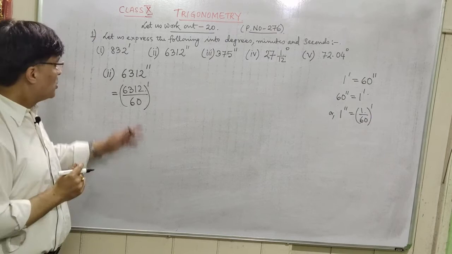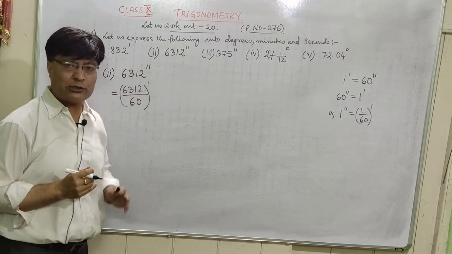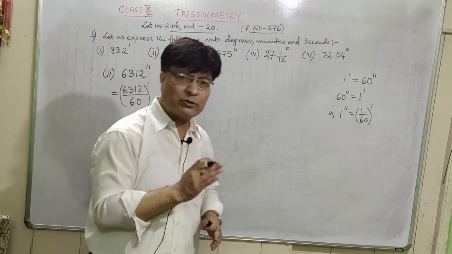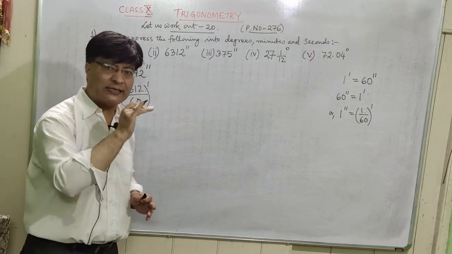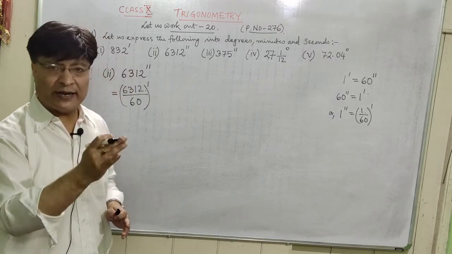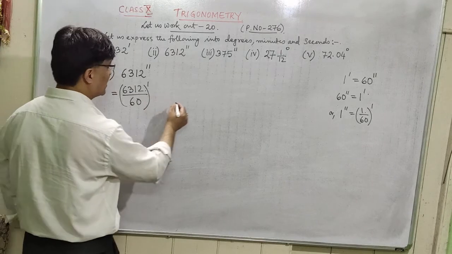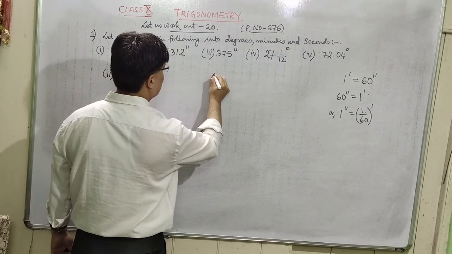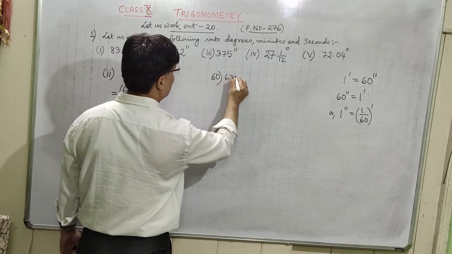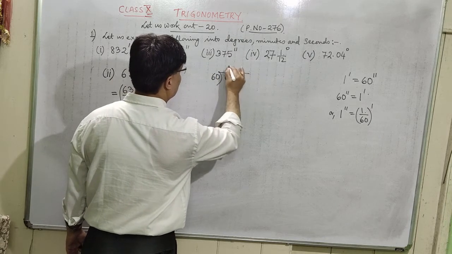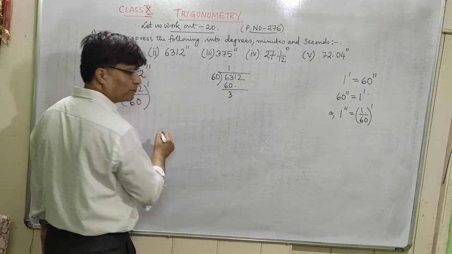Is that clear? I already told you that whenever you have to convert seconds into minutes, you have to divide those seconds by 60. So let us divide it. 60 will divide 6312. 63 has one 60, remainder is 3.